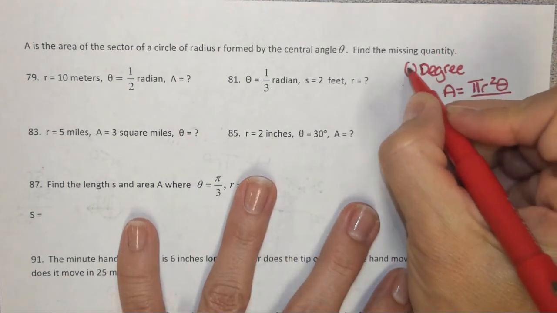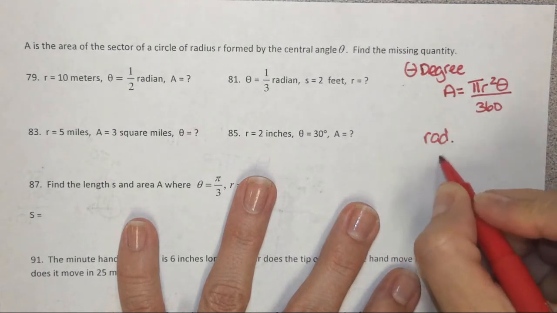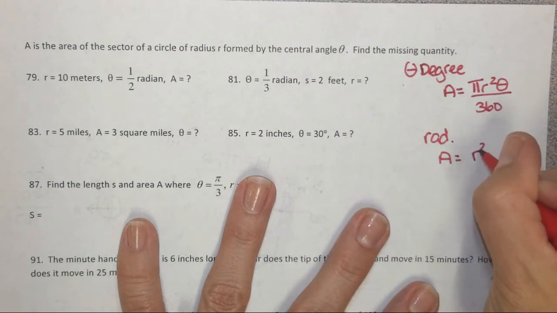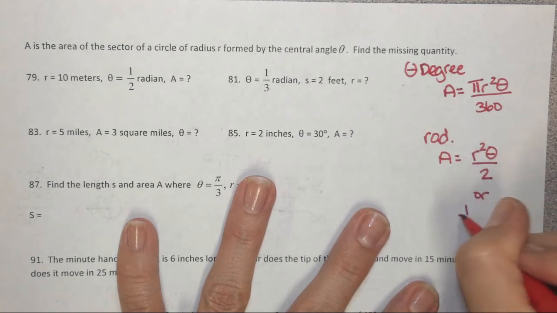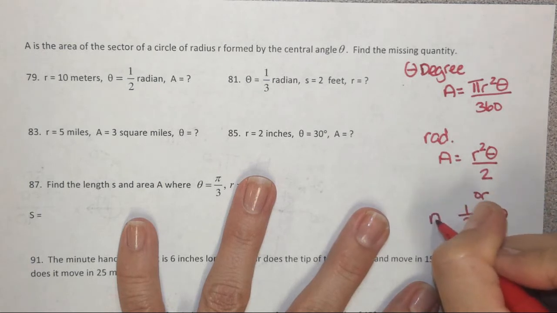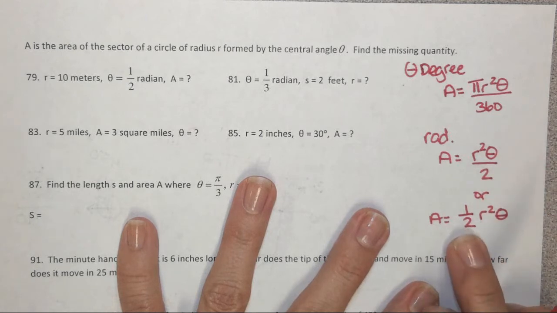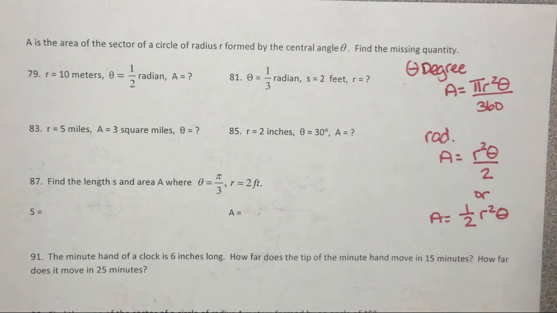If your theta is written in radians, we're going to use area equals r squared theta over 2, or some of us prefer 1/2 r squared theta. These two formulas are exactly the same, just one is choosing to divide by 2, the other one is multiplying by 1/2. It doesn't matter which one you use, it's a preference that you get to decide on.